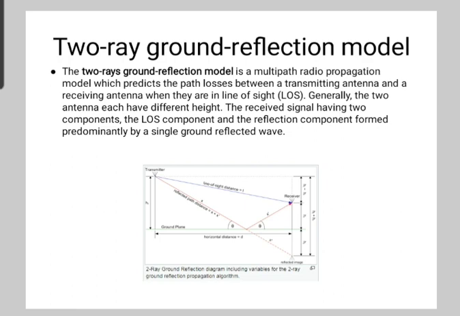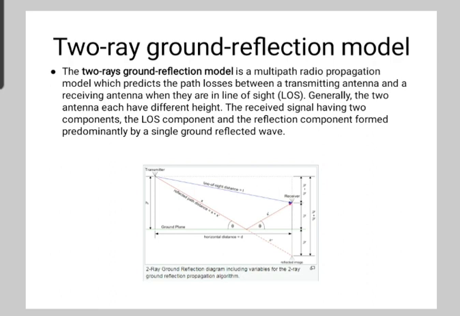So here the diagram for the two-ray ground reflection is shown, including a variable for the two-ray ground reflection propagation algorithm. From this diagram, the received line of sight component can be considered as R of LOS of t, and the ground reflected component is considered as RGR of t.